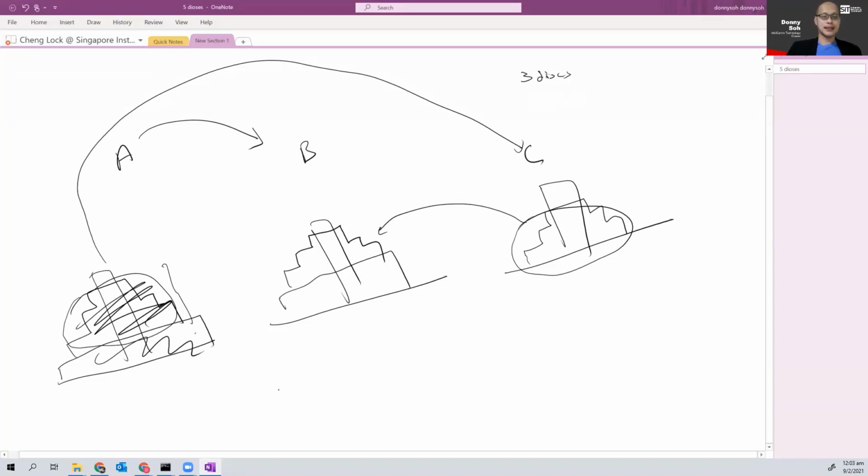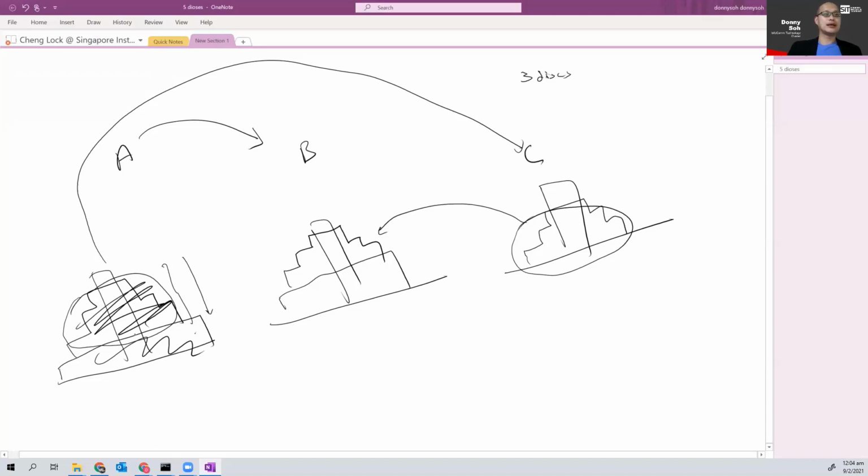Once again, it says that with any disk, assume that the top all the way to the second last can be moved as one unit.